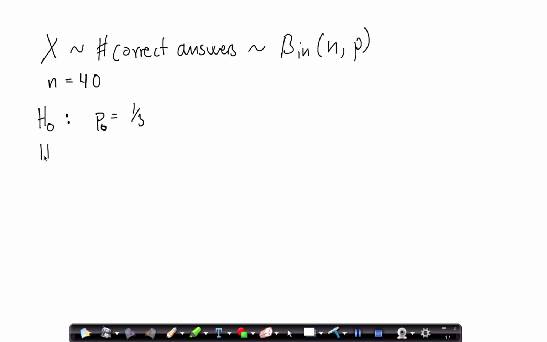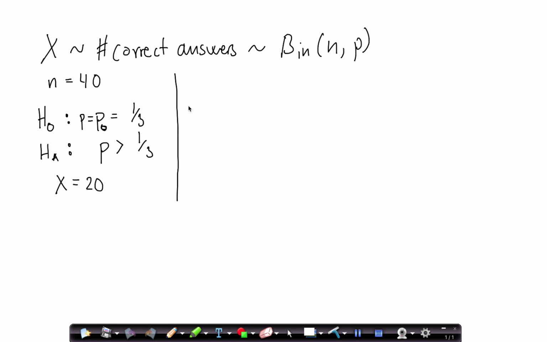The alternative in this case is, if they are not guessing, then more than 1/3 are able to distinguish the samples. So we say that p is larger than 1/3.